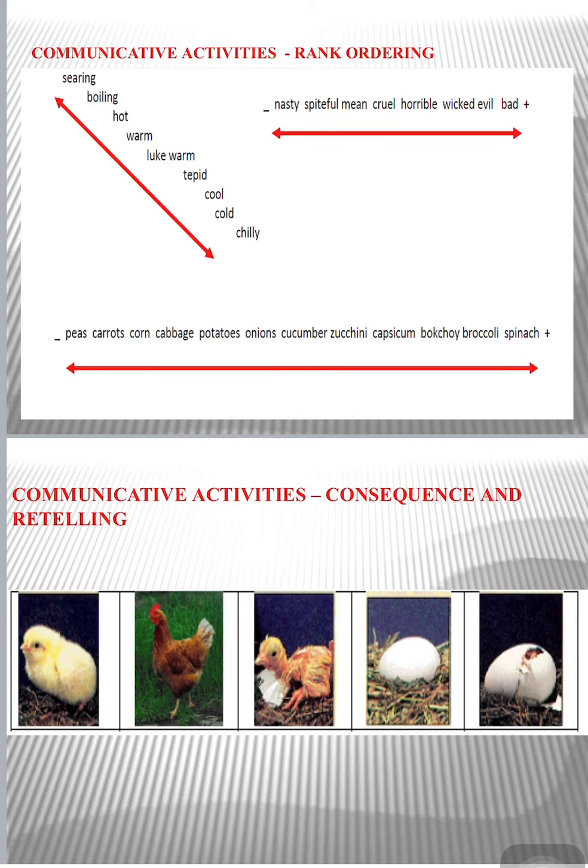Bad is more positive than nasty. Or the last: peas, carrots, corn, cabbage, potatoes, onion, cucumber, zucchini, capsicum, bok choy, broccoli, and spinach.